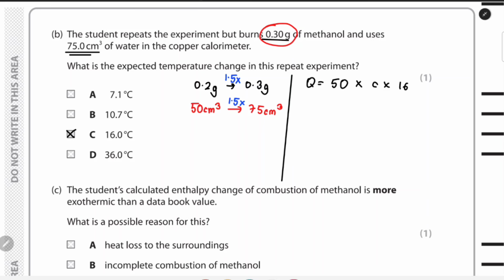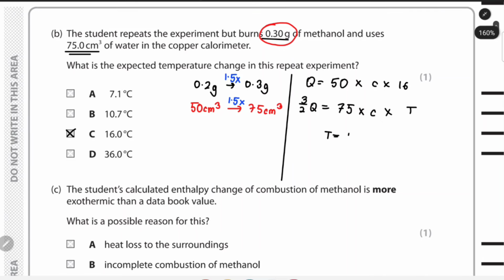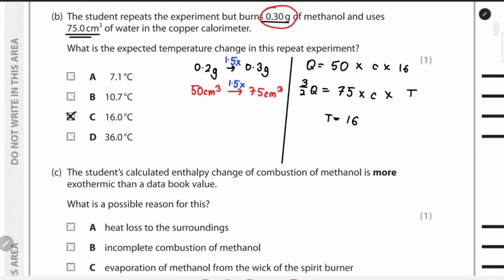From here I find Q. The new value of Q will be 3 by 2 Q, since the mass of the fuel is becoming 1.5 times what it was. The mass of heated liquid will be 75. The value of C will remain the same. I have to find the temperature over here. If I do that, the temperature change will come out to be 16.